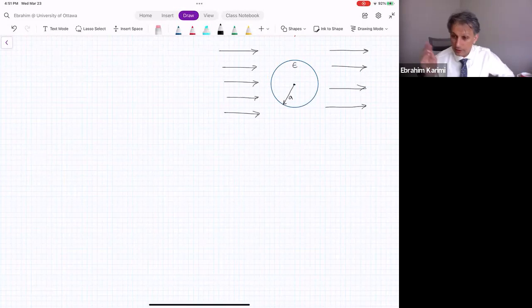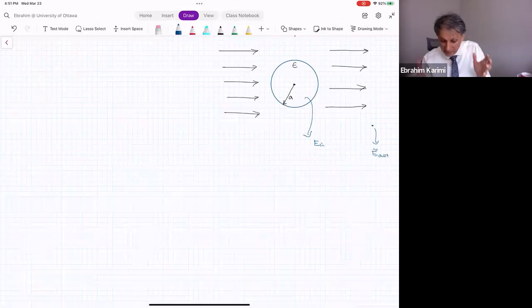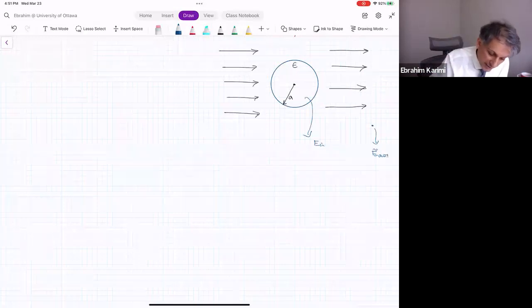Let me be clear. What's going on with the electric field inside? What's going on with the electric field outside? Due to the fact that it is a dielectric with a dielectric constant of epsilon, I'm expecting a certain charge distribution appears on the surface of the sphere.